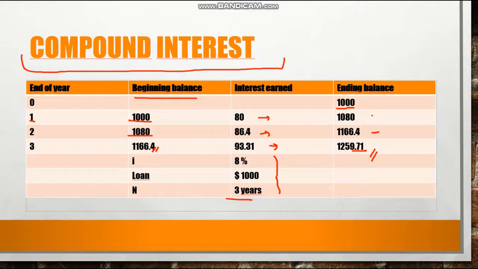What happened? With simple interest it was $1,240, right? So with compound interest you are earning more money than with simple interest. Sometimes the bank plays this trick.